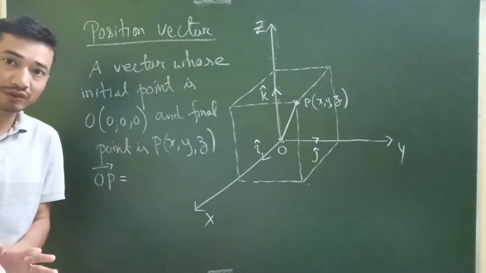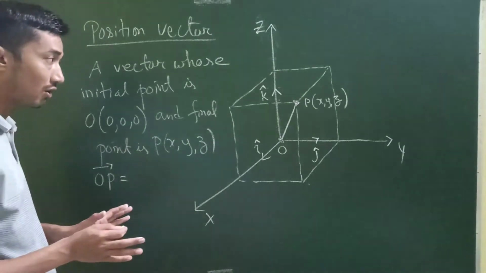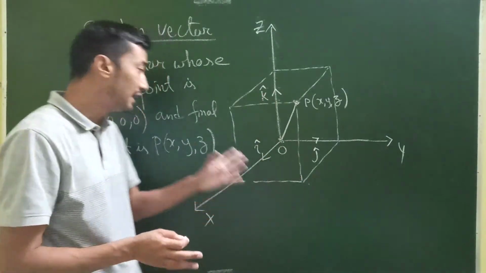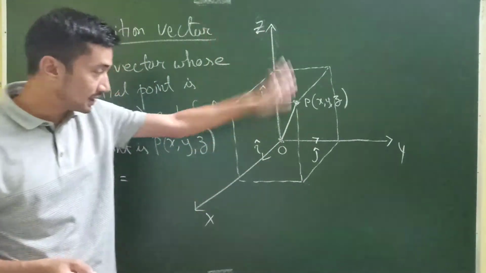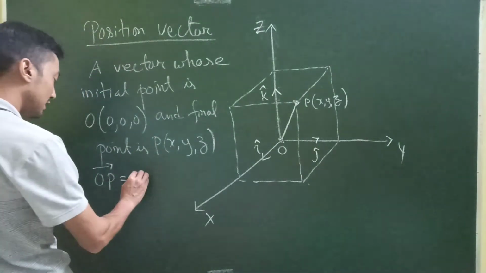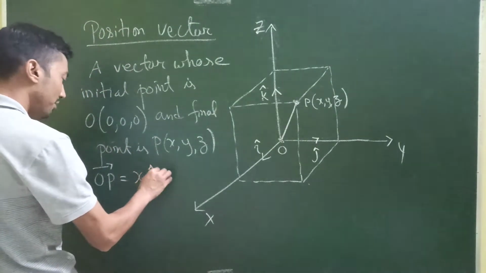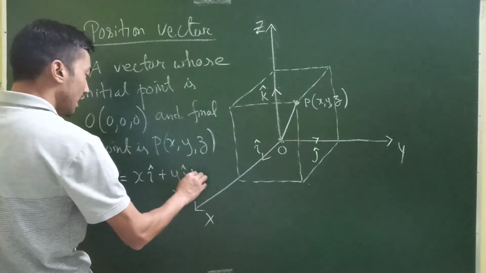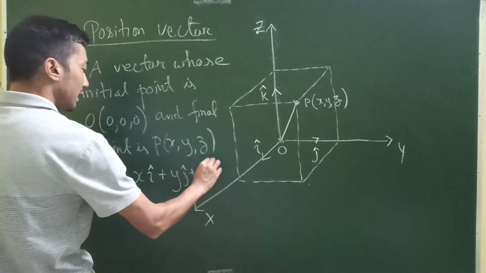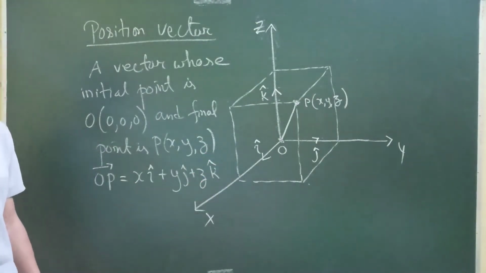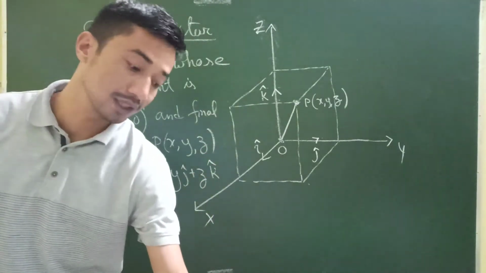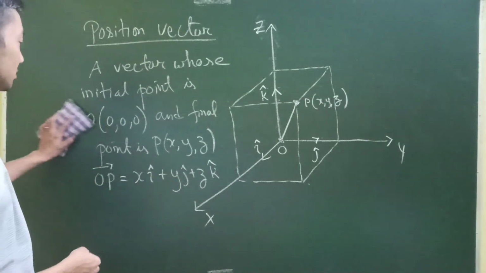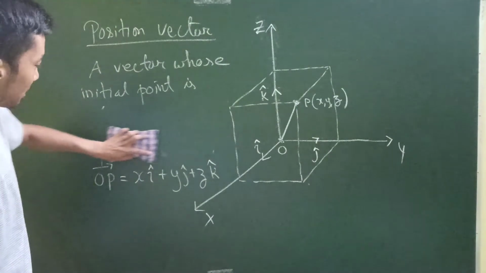How do we denote this OP vector? If the coordinates of my point P are x, y and z, it will be represented as x i cap plus y j cap plus z k cap. This is the way we represent the vector in three-dimensional space.